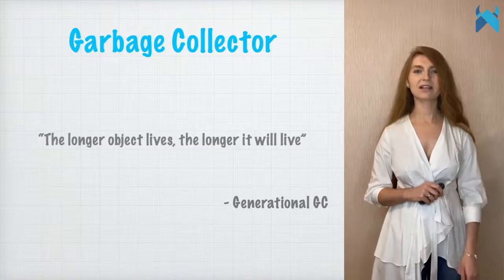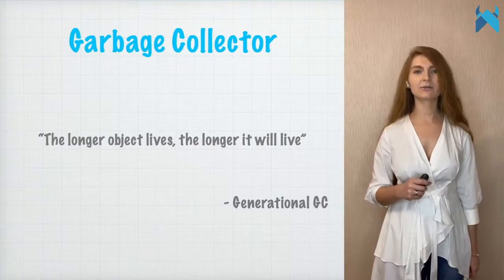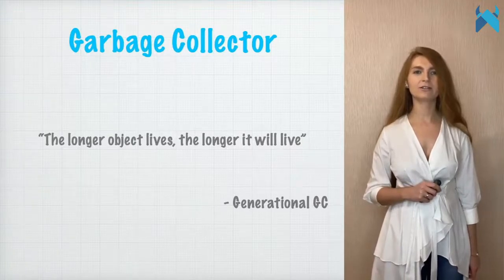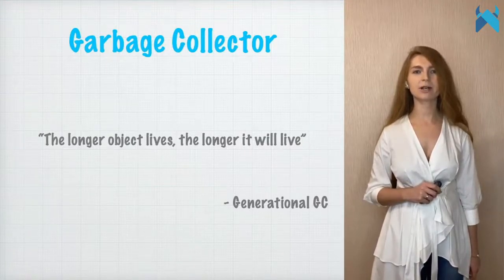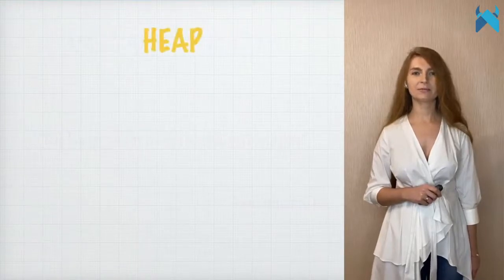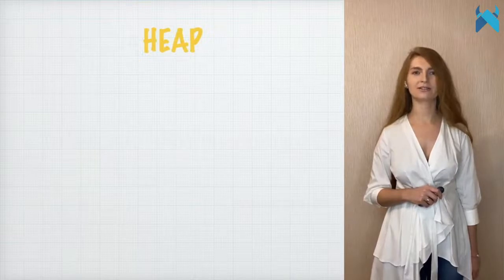Then there is an assumption that the longer an object has been on the heap, the longer it will probably stay there. So objects that have survived one or more garbage collections are then moved to a group with older objects, another generation. The Dart runtime environment uses a memory pool called heap for object allocations.